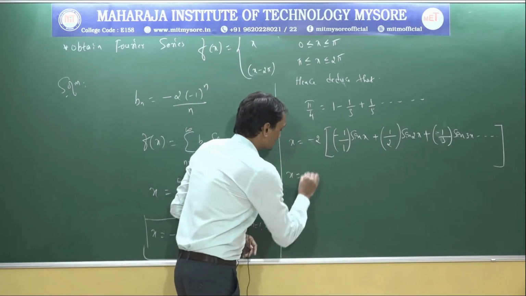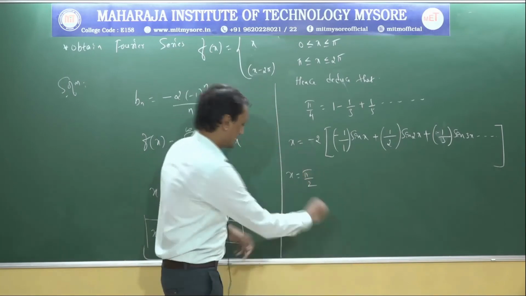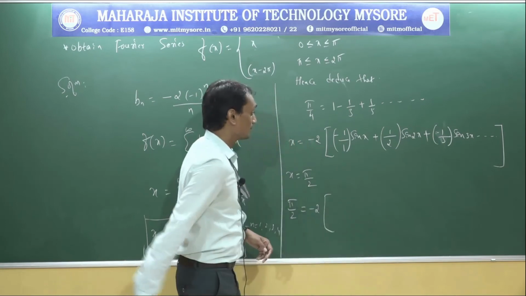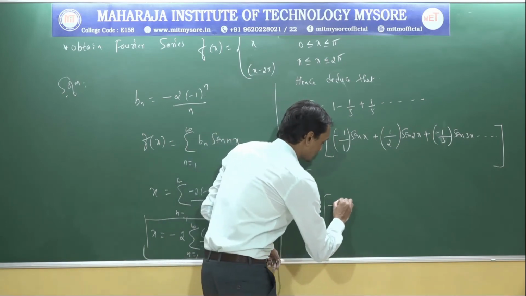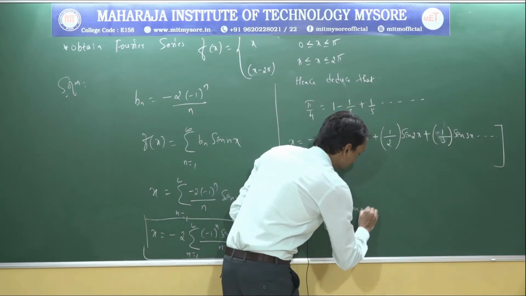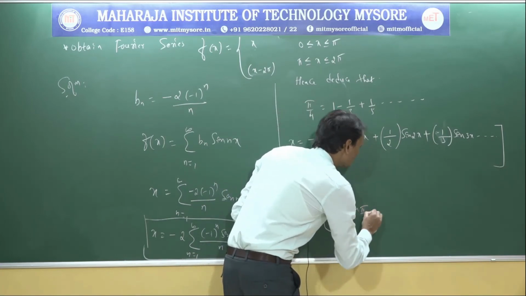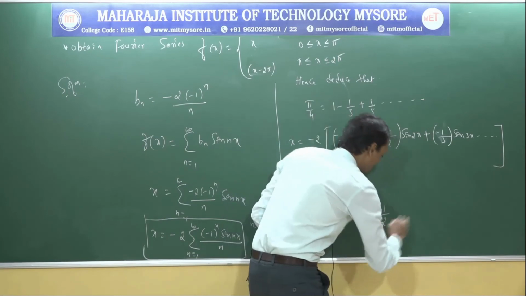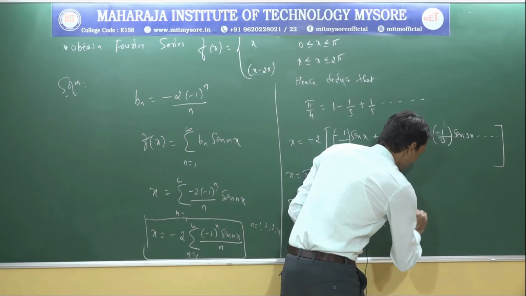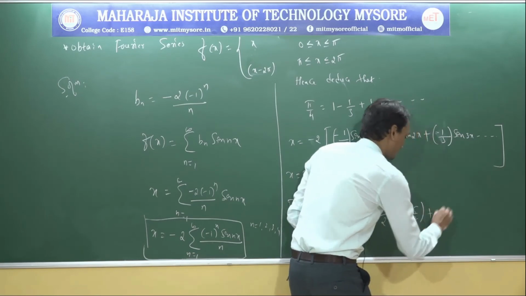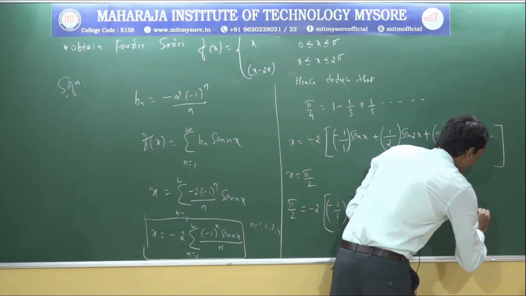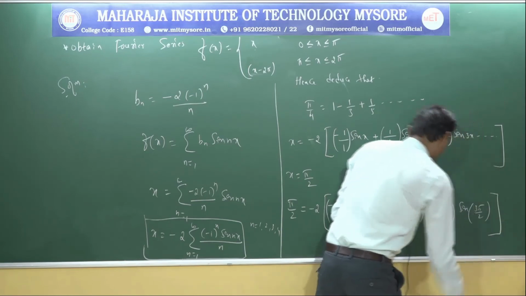So if I substitute x equal to pi by 2 here: pi by 2 equal to minus 2 bracket, minus 1 divided by 1 into sin pi by 2, plus 1 by 2 into sin 2 pi by 2, plus minus 1 by 3 into sin 3 pi by 2.